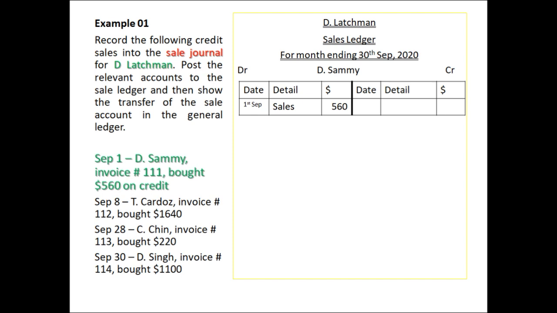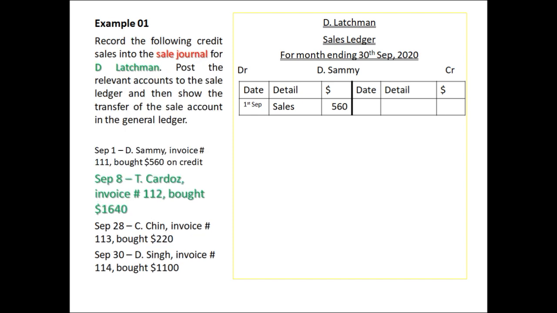He's buying it on credit, so he's not losing anything at the moment. But we need to realize that D. Sammy is receiving something from us. He's receiving credit sales into his account worth $560. So we place it into D. Sammy's account on the debit side because he's receiving there.